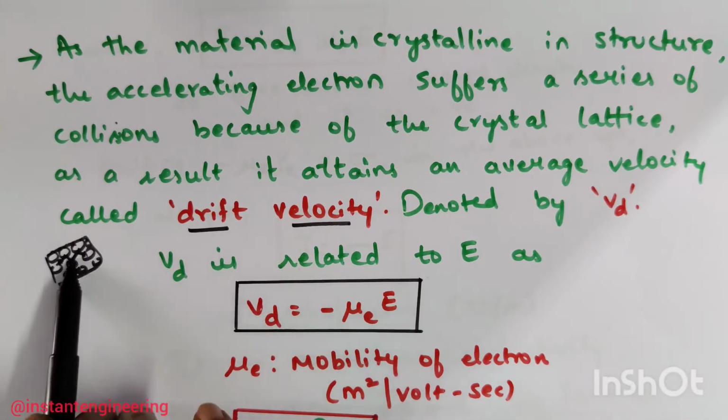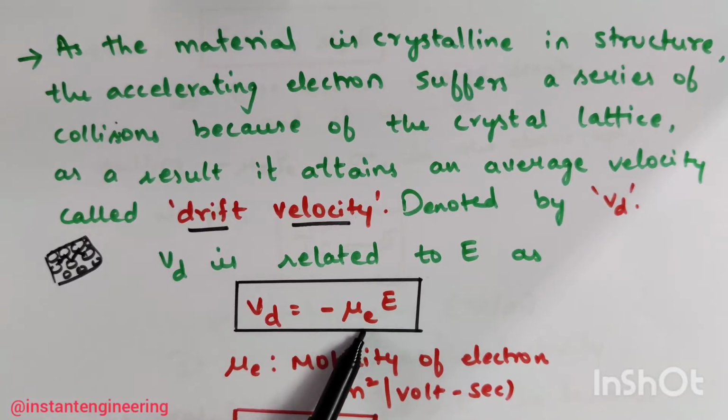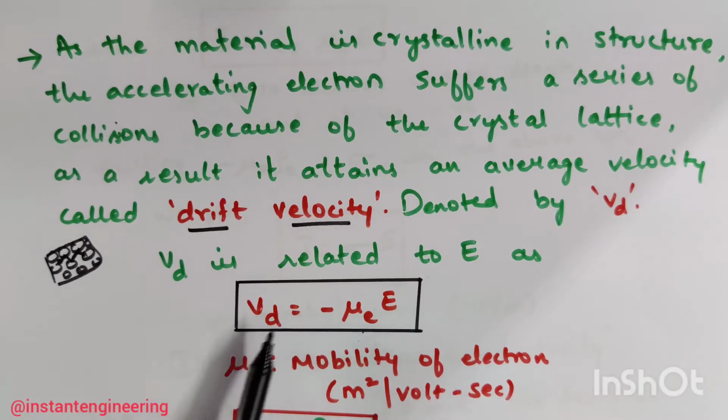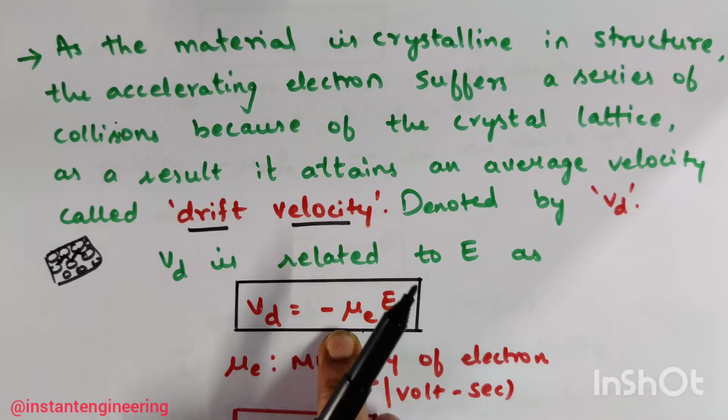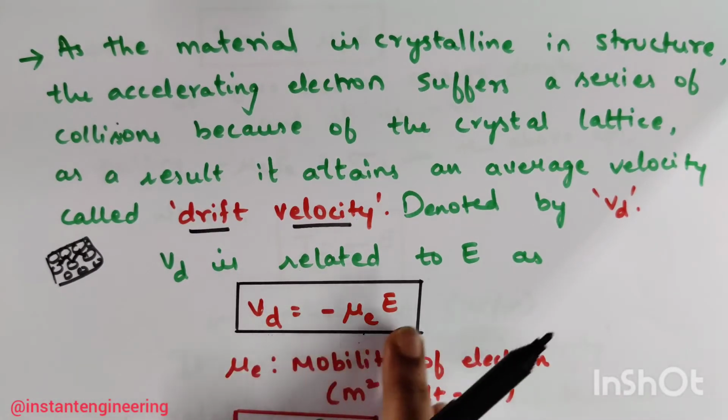So Vd is equal to minus mu e into E. The mobility of electrons occurs because of the electric field, and the charge of electrons is negative, that's why we got the minus sign. Vd is the product of the mobility of electrons and the electric field.